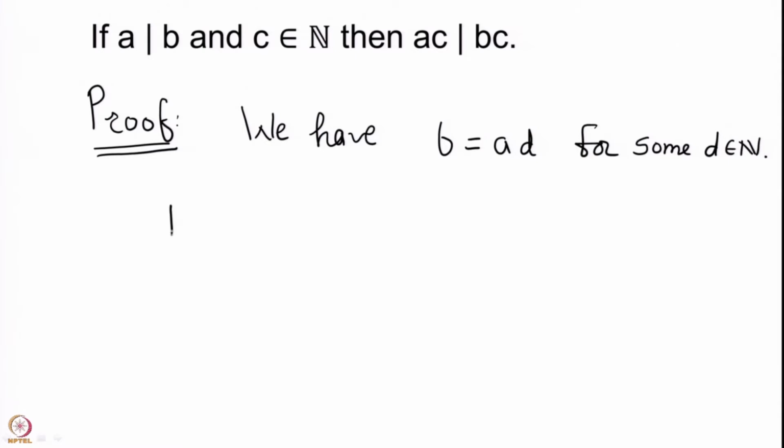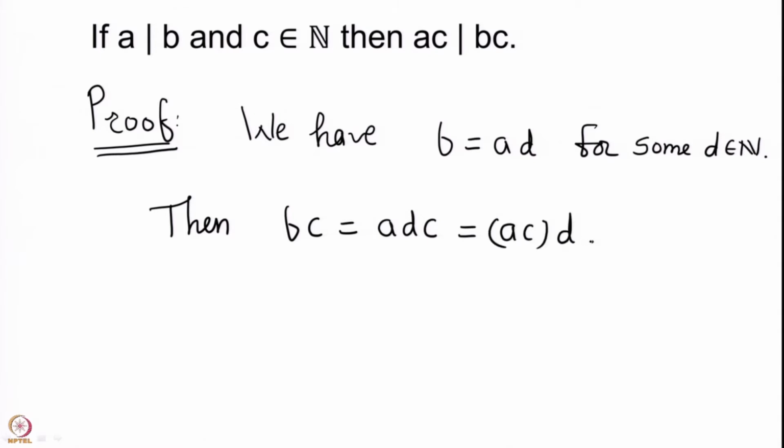Now, to this equation we can multiply by C. So, we have BC equal to AD into C, which is same as AC into D. So, therefore, we have written BC, which is a natural number, as AC into a third natural number, which clearly says that AC divides BC.